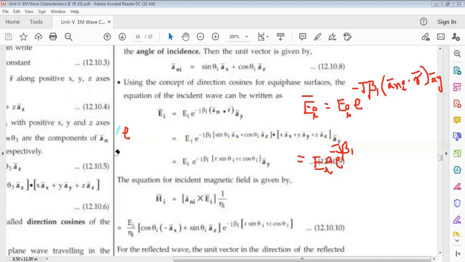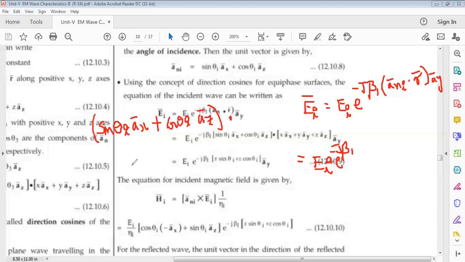Now ANI bar, we got sine theta I into, listen carefully, my dear students, sine theta I into AX bar plus cos theta I into AZ bar, we got this from the right angle triangle, dot R bar.